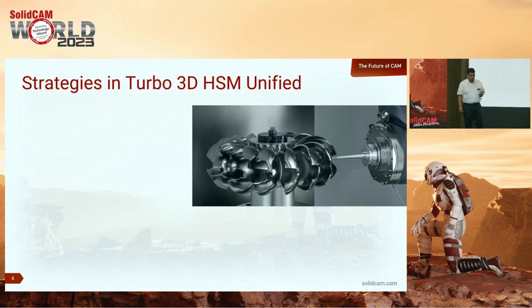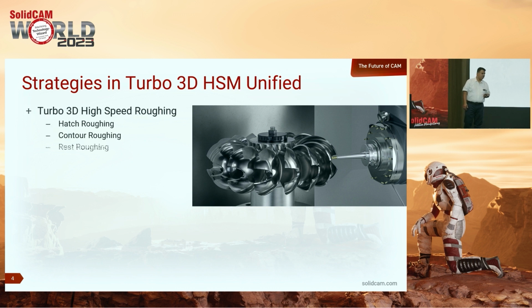So what are the strategies that are available? Unified, like I said, is a subset of the turbo 3D HSR. Obviously, I would consider the turbo or high-speed turbo roughing as a part of the unified engine because the whole thing is one engine. So we have roughing, rest roughing, hatch roughing, all of them coming in the unified engine now.